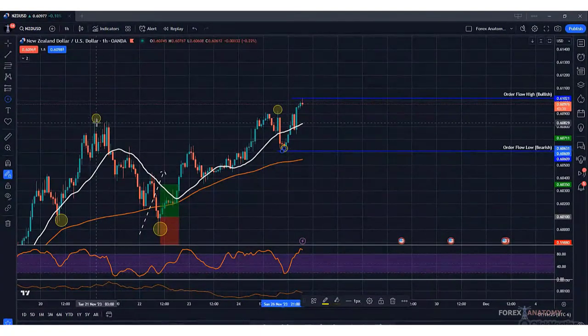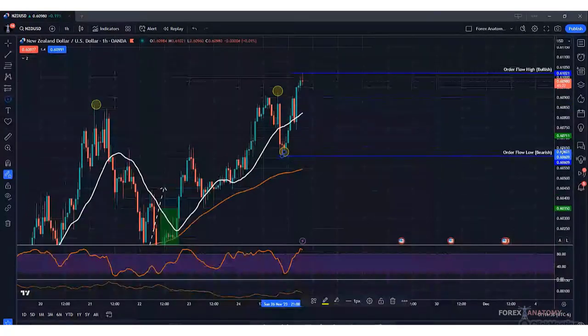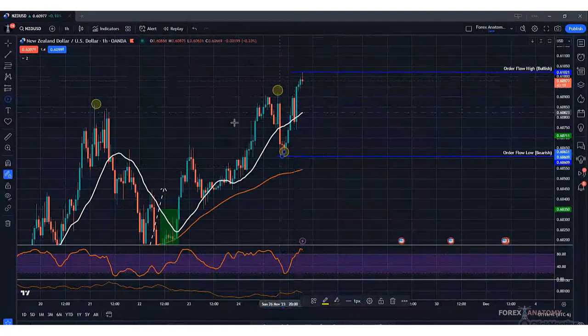So we have this structure right here, these pivots, these anchor points that can act as a zone of support. We also have this hesitation candle right here, which can act as an area of demand. So we have confluence in this area.